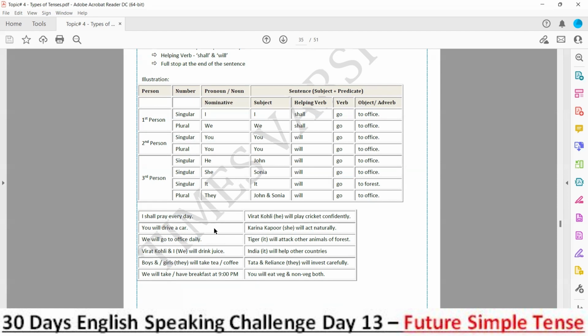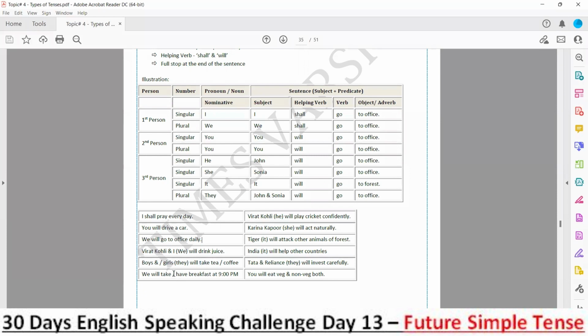But if you are trying to express that you are taking tea or coffee, then the verb take should be used. So, लड़के और लड़कियां चाय पियेंगे या कॉफी पियेंगे, दोनों में से एक हो सकता है. Next. We will take or have breakfast at 9 p.m.